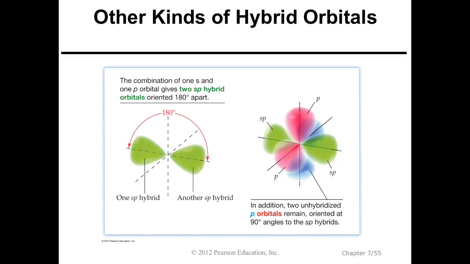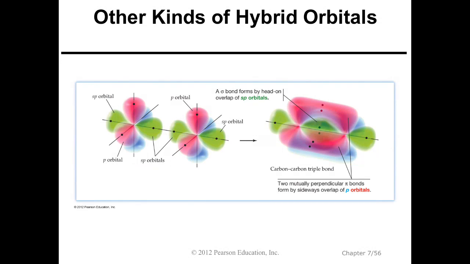Then sp hybrid orbitals would be the case where you're mixing one s orbital and one p, so you have 2 p orbitals left over.